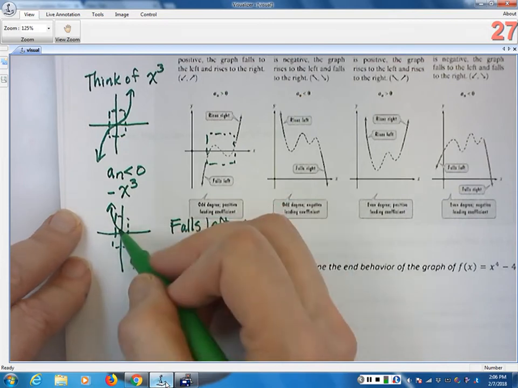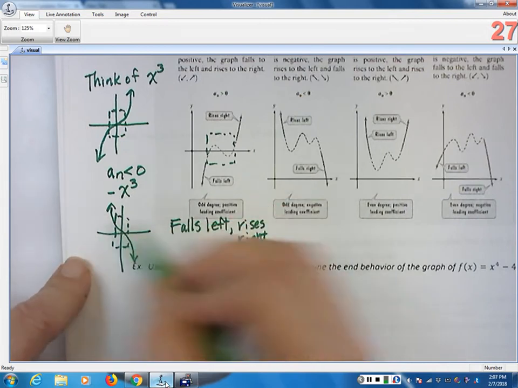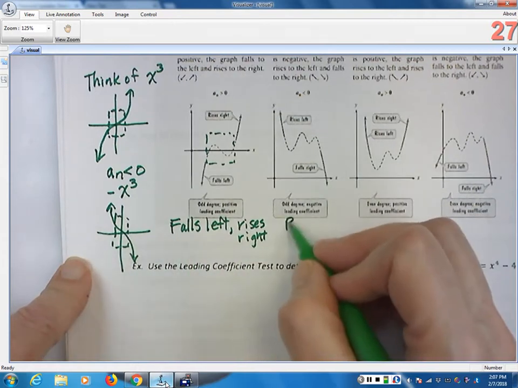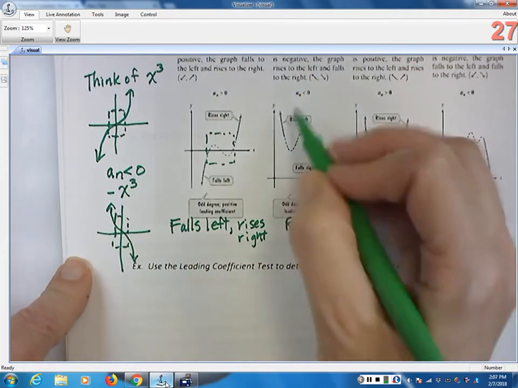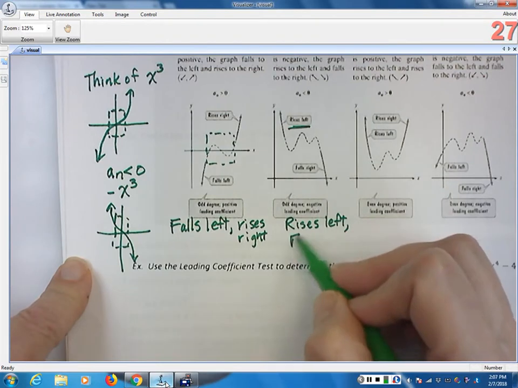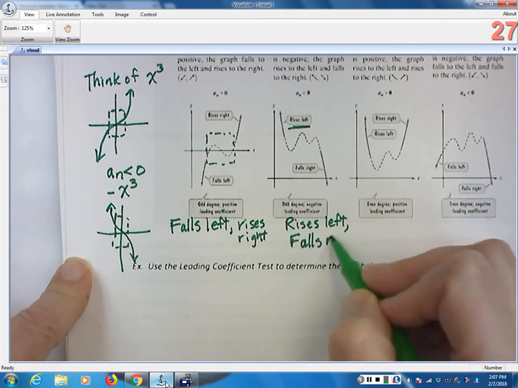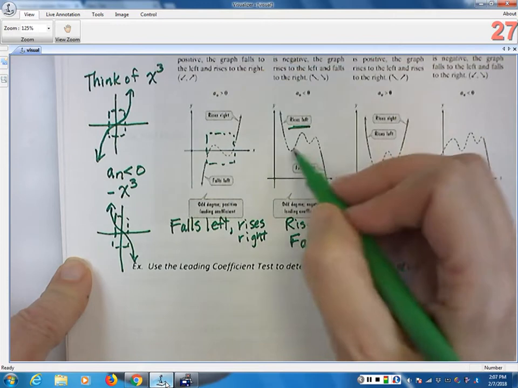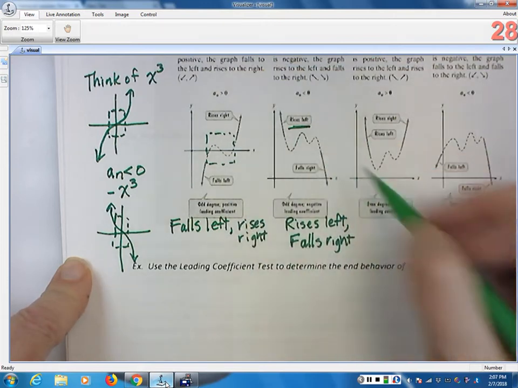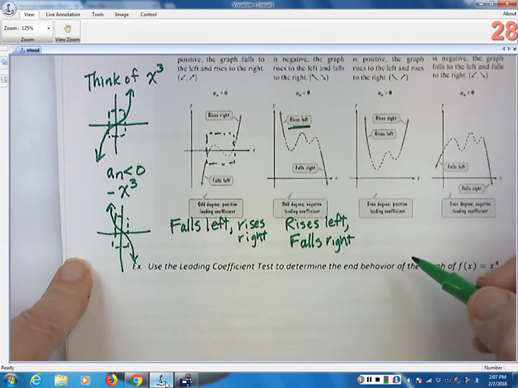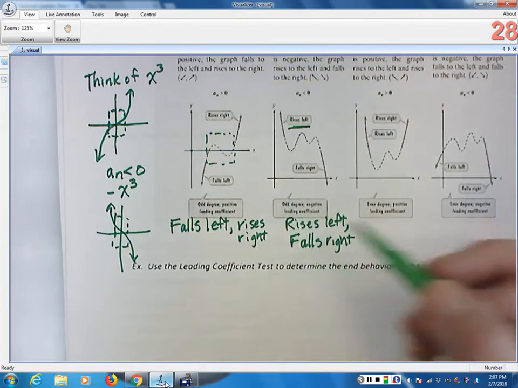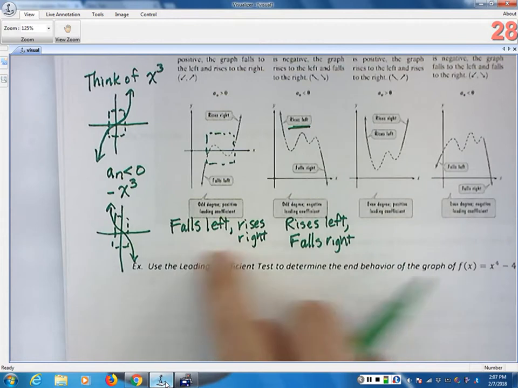We're saying it rises left, falls right. So to the left of our leftmost 0 it's rising, to the right of our rightmost 0 it's falling. We don't know what it's doing in the middle from this end behavior test. This is the end behavior.